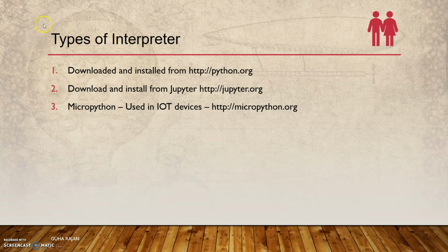So for now, we'll concentrate on python.org and jupyter.org. I have already installed Jupyter. My recommendation as far as this course is concerned: if you download and install Jupyter, it installs Python automatically. That is much easier compared to downloading and installing Python first and then installing Jupyter, which at times errors out.